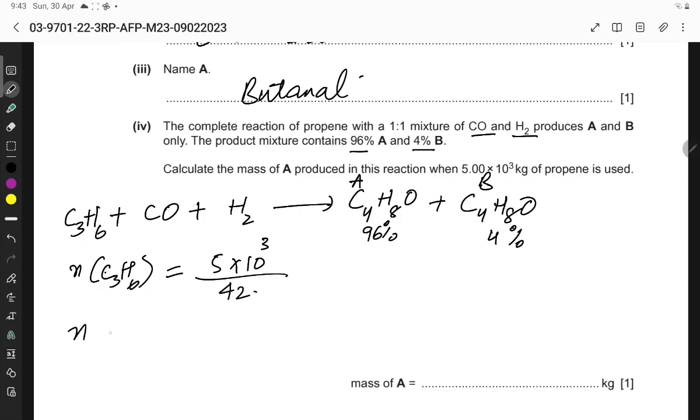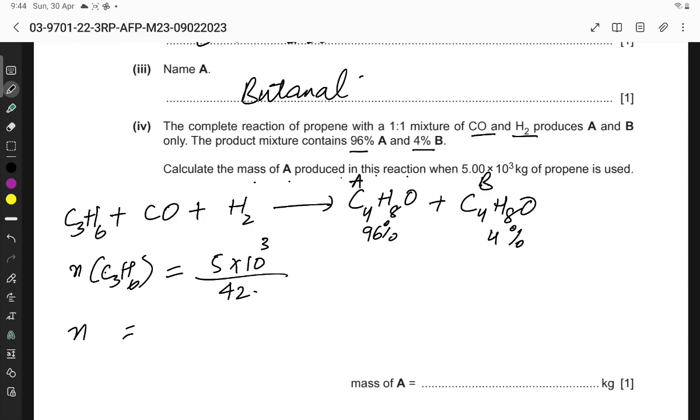So mole is 5 into 10 raised to 3 divided by 42.